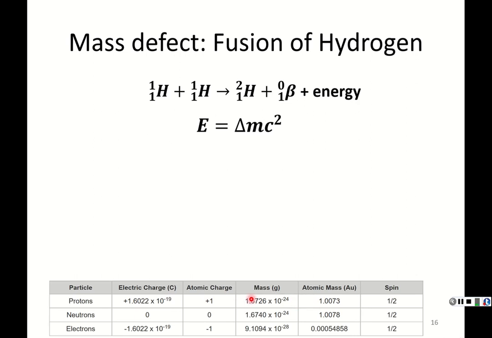Yeah, it'd be kilograms. And then the speed of light, which is 3 times 10 to the 8th meters per second, squared, and you'd get an estimate of the energy that one hydrogen contains.